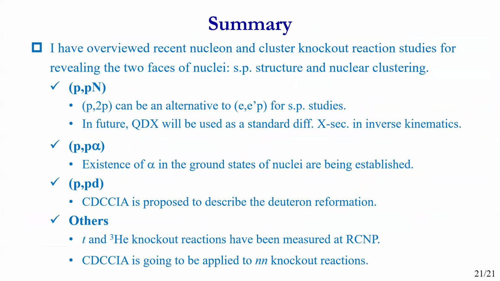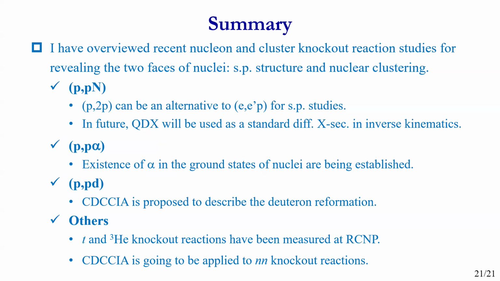Okay, this is a summary. I have overviewed recent nuclear and cluster knockout reaction studies for revealing the two phases of nuclei, that is a single particle structure and a nuclear clustering.